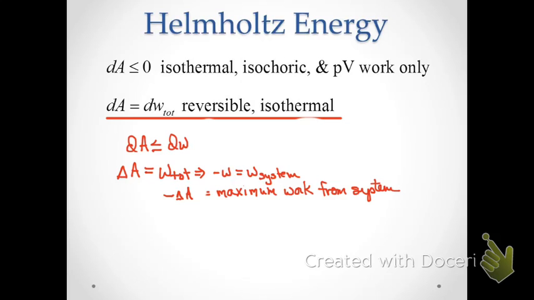In addition, delta A allows us to calculate the maximum amount of work that we can expect to get from the system, and that would be for a reversible process, for an isothermal process. So we have two things here. We get the maximum work from an isothermal process. We get the spontaneity for an isothermal isochoric process.